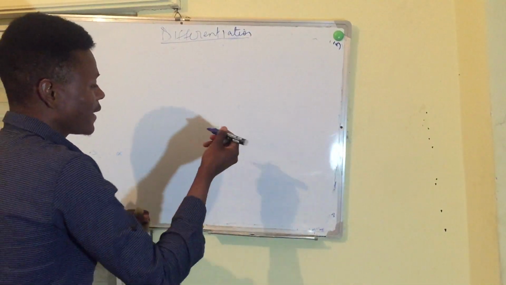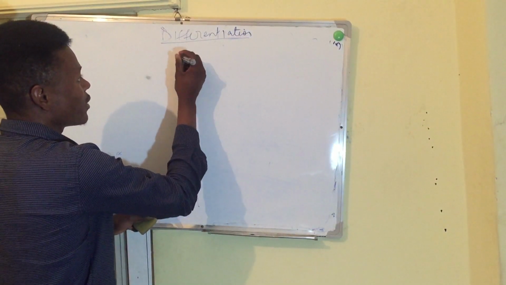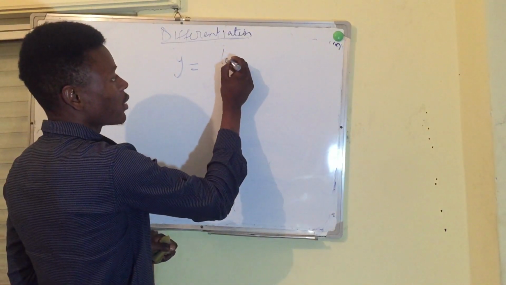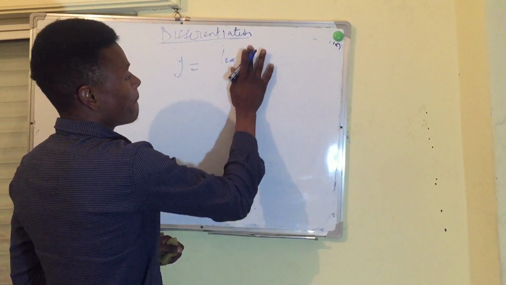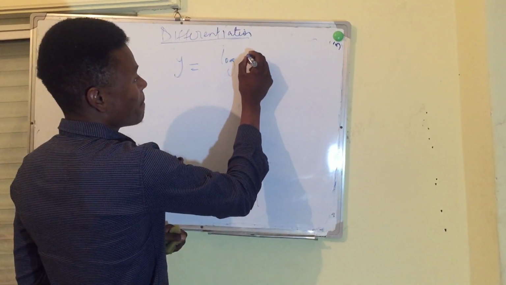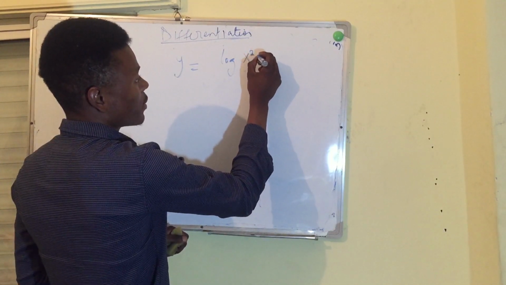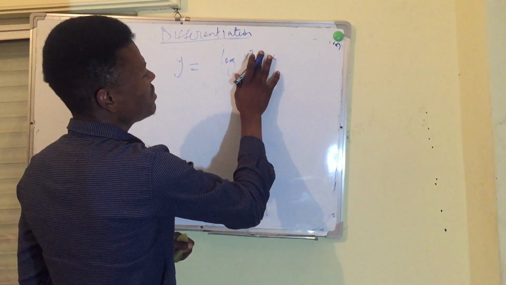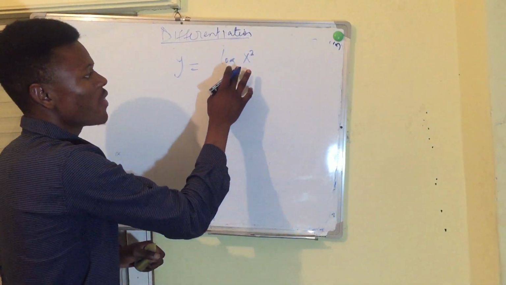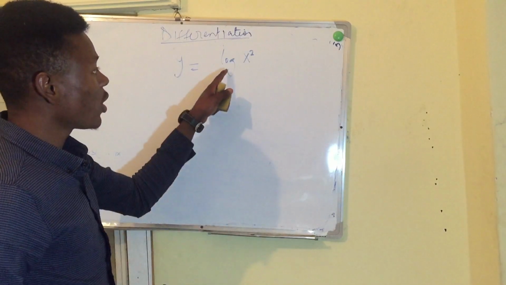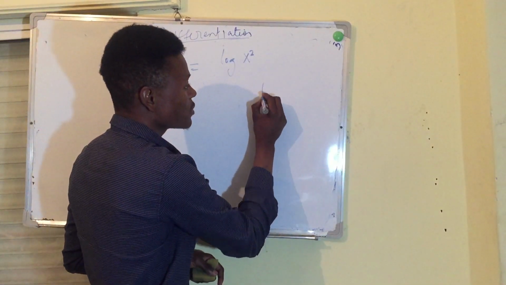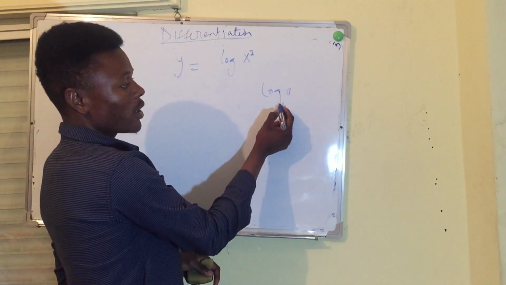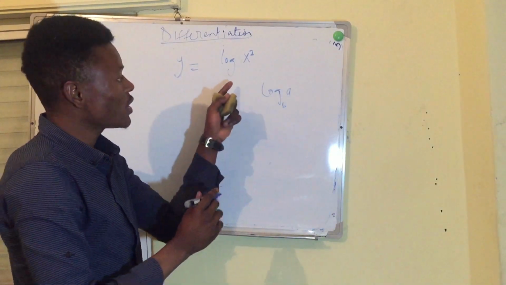For example, you have a function y equals log of, let me say, x squared. No, let me just leave it like this. What is the derivative of this function? This is a log, and there is a rule of logarithm: whatever the base of the log is, say a, it is the same as ln of the argument over ln of the base. When the base is not written, it means base 10.